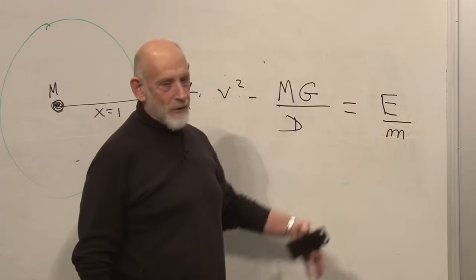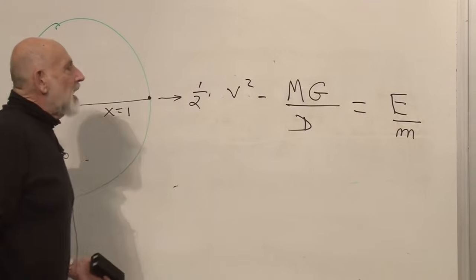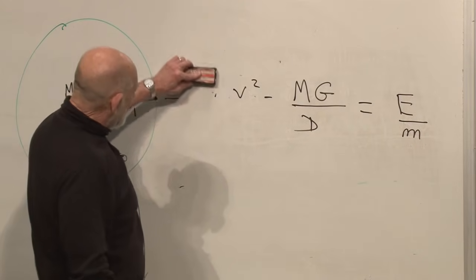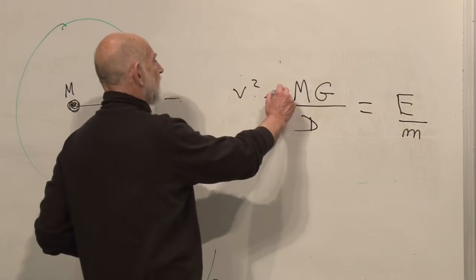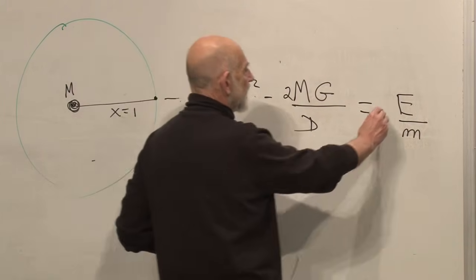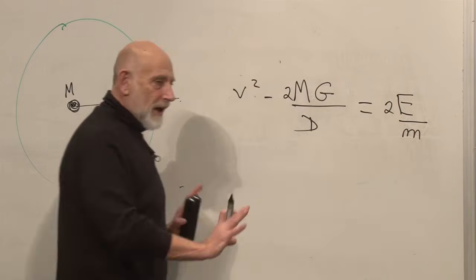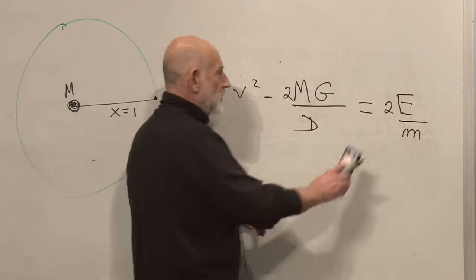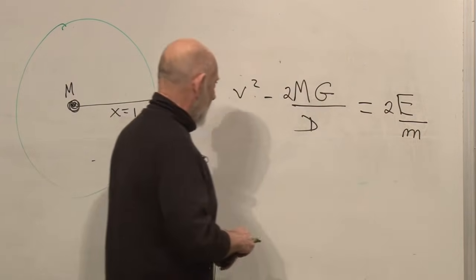I'll leave it here as E over m, but the right-hand side is just a numerical constant. Let's even do a little more. Let's multiply by 2. It's still just a constant, and since I didn't tell you in the beginning what E was, all I know is that this is a constant. So let's leave it that way.